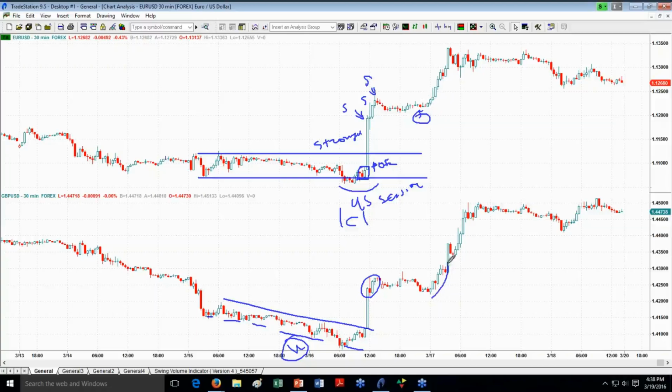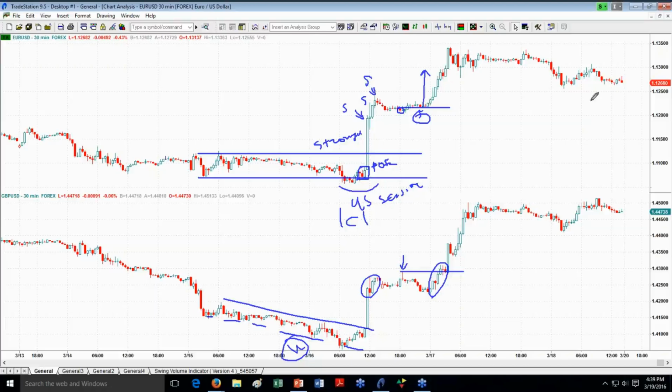Look at this move right here relative to this high, which is here. Where? Right here. And look at this move. We are definitely comparatively traveling much more on this move to the upside.